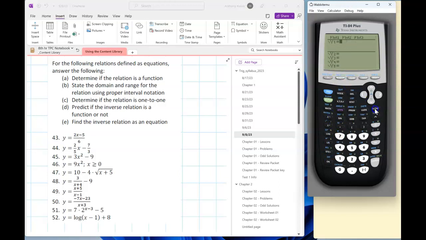So 47, 10 minus 4 times square root of x plus 5. And then I'm just going to do a zoom standard.